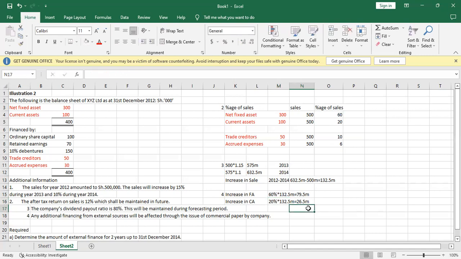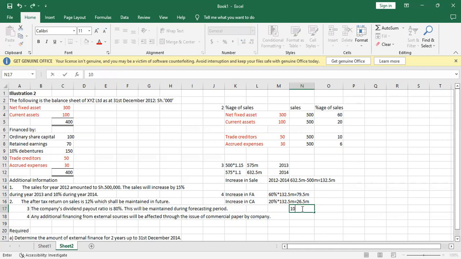So in other words, my total increase will be, I'll need to add these two, 79.5 and 26.5. This is 106 million. So this is the additional investment that will be required in form of assets for XYZ Limited. So you can see how the percentage of sales method is able to help us reach the required or the additional investment that may be required by the company.